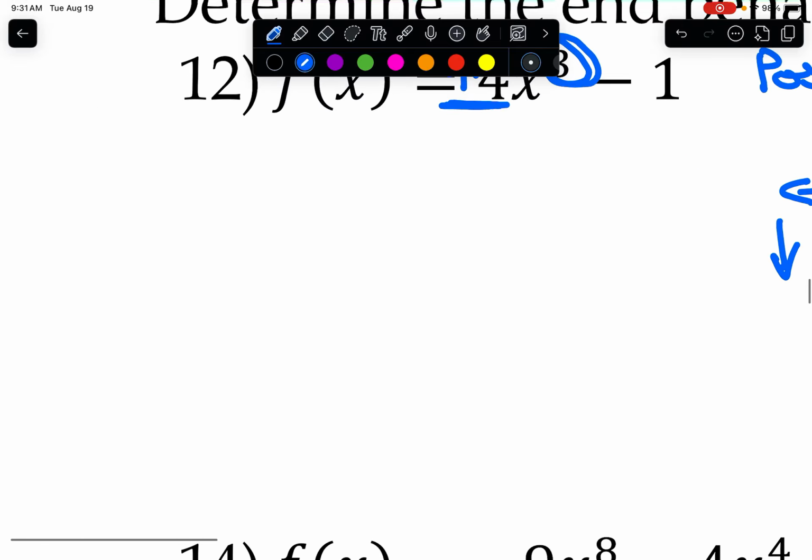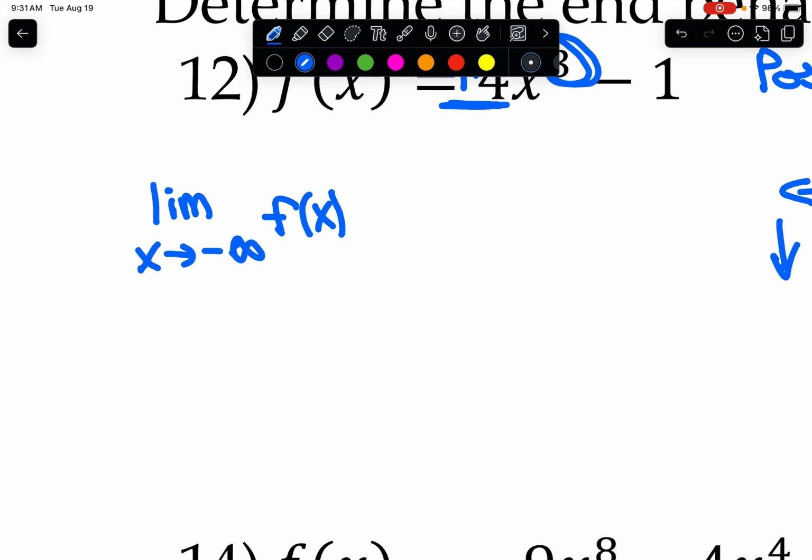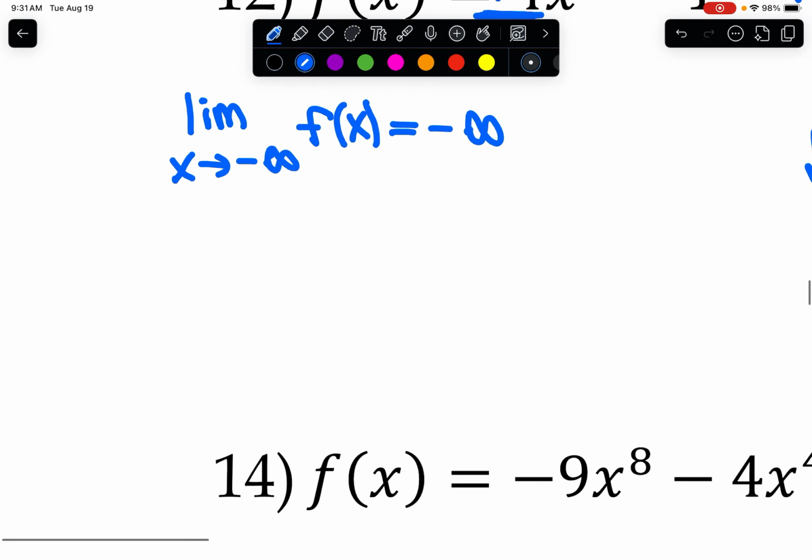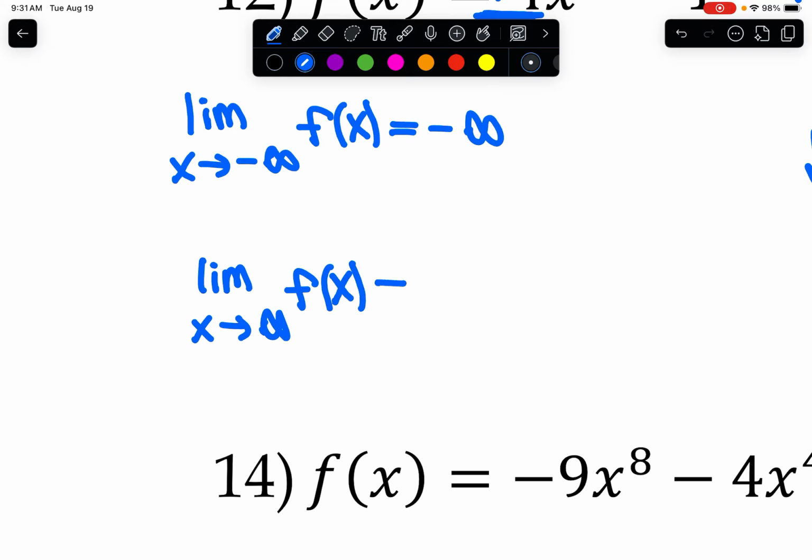My limit as x is approaching negative infinity of f of x, it's going down, so it's going to go down towards negative infinity. And then my limit as x is approaching positive infinity of f of x, as I go to the right, it's going to be going up, which means it's going to go towards positive infinity.